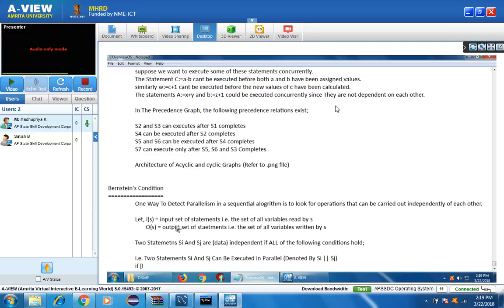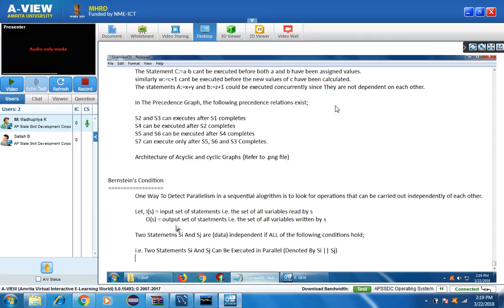If one condition, input statements of S of I, or S of J, you can have output statements of S of I. This is S of J. Or else I'll write the condition in Paintbrush so that I can draw quickly.